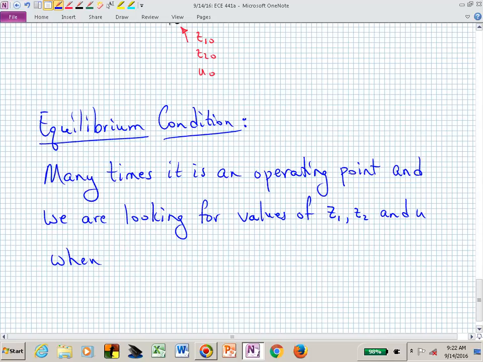Z1 prime would be 0 and Z2 prime would be 0, which forces F1 of Z1, Z2, U to be 0 and F sub 2 of Z1, Z2, U to be 0.